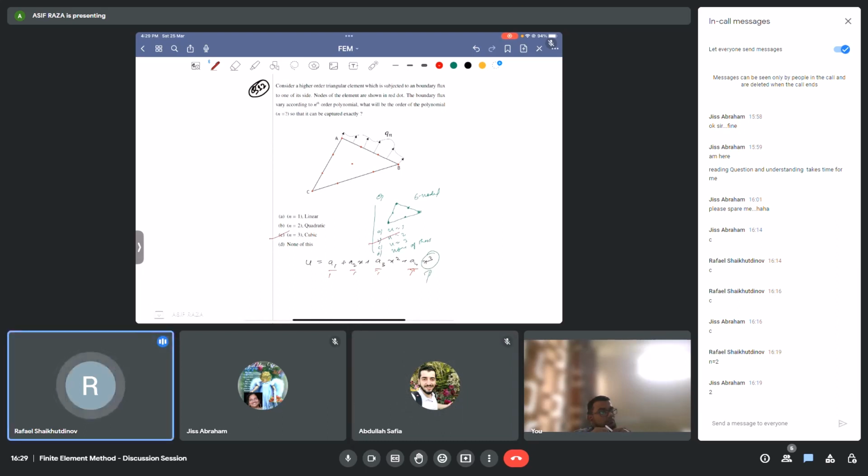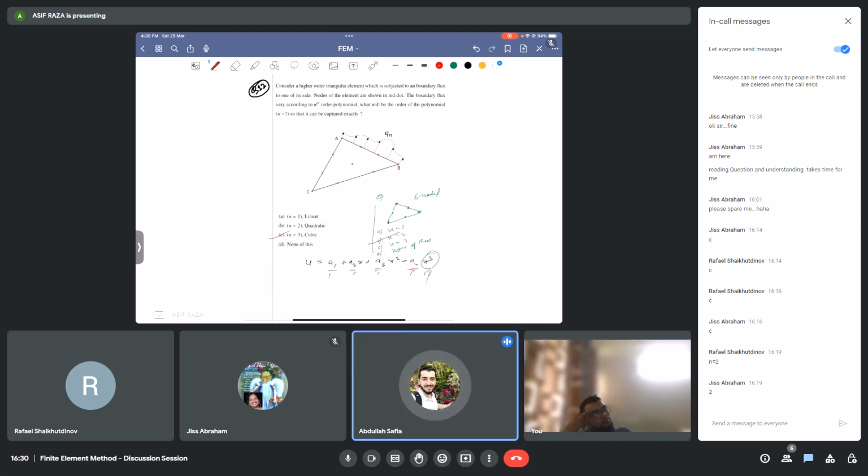Let's assume that our flux is of order 1 in this case, and we have 4 nodes, can we catch it exactly? Yes. But if our flux is of order 7 and we have only 4 nodes, we are able to capture only up to cubic, but not orders 4, 5, 6, 7.